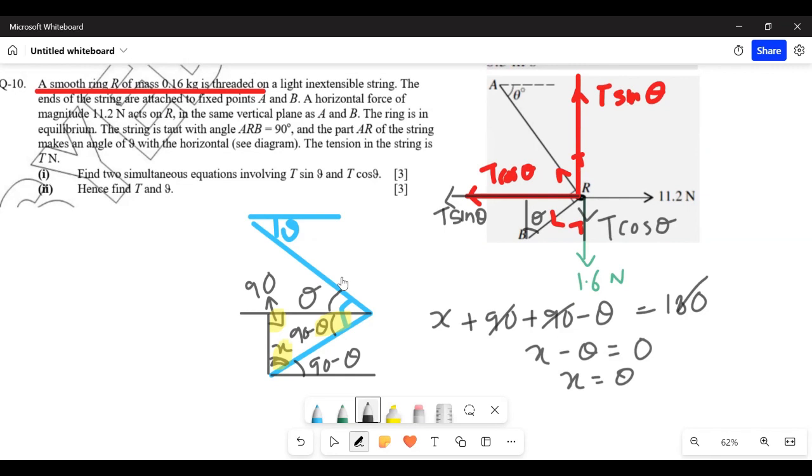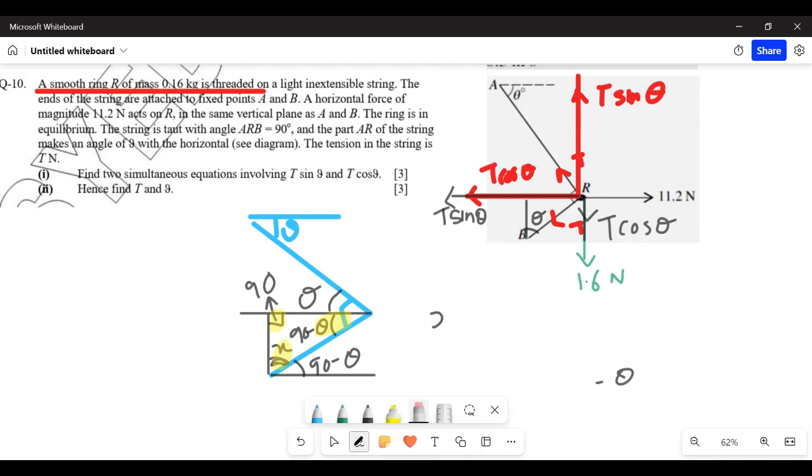Now let's form two simultaneous equations involving T sine theta and T cos theta. So we have T sine theta, which is the up force, equals T cos theta plus 1.6. That is one of the equations.